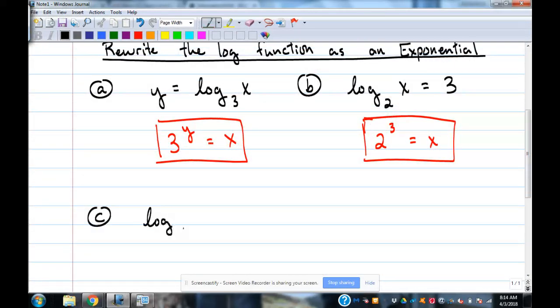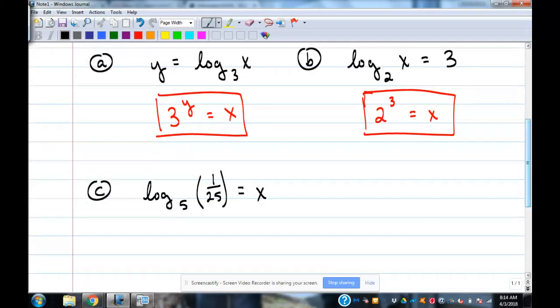So we had log base 5 of 1/25 is equal to x. Again, we're just rewriting it. We're not solving anything yet. We're just rewriting that. So what's the base of our exponential? 5 with an exponent of x is equal to 1/25, because that's the only thing left.